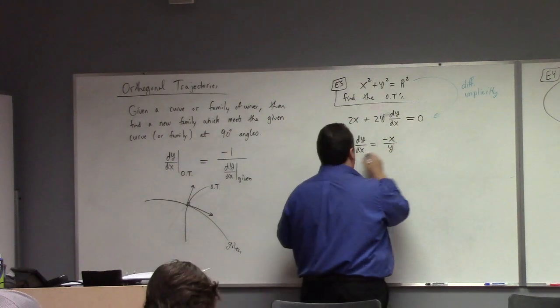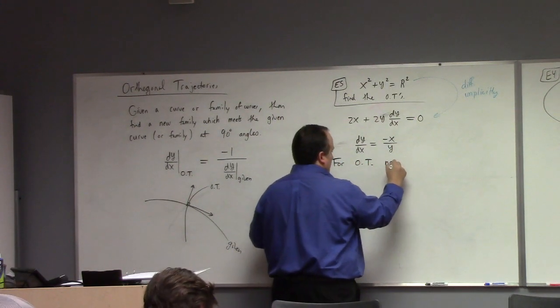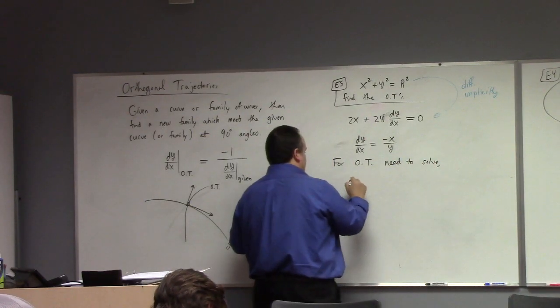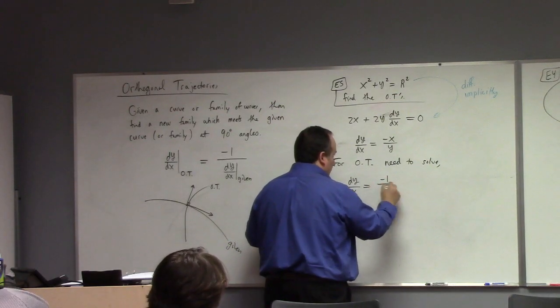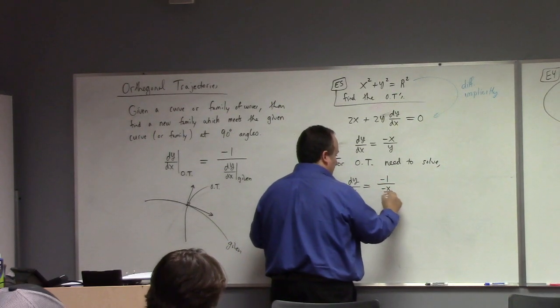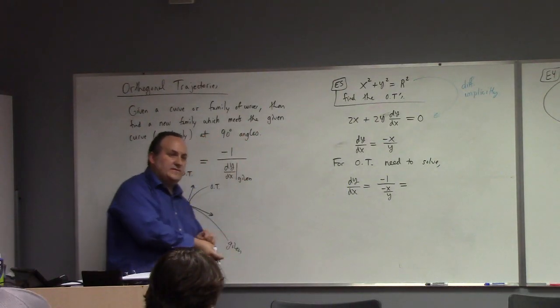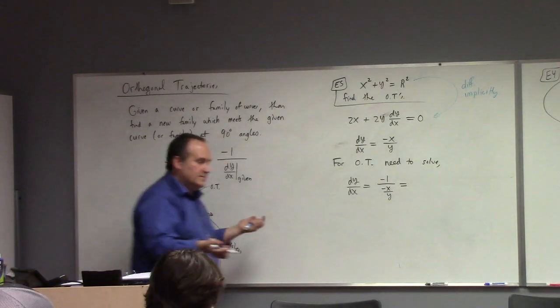So for the orthogonal trajectory, we need to solve dy dx equals what? Minus 1 over minus x over y. Also known as, cancel the minuses, we're just solving dy dx equals y over x.